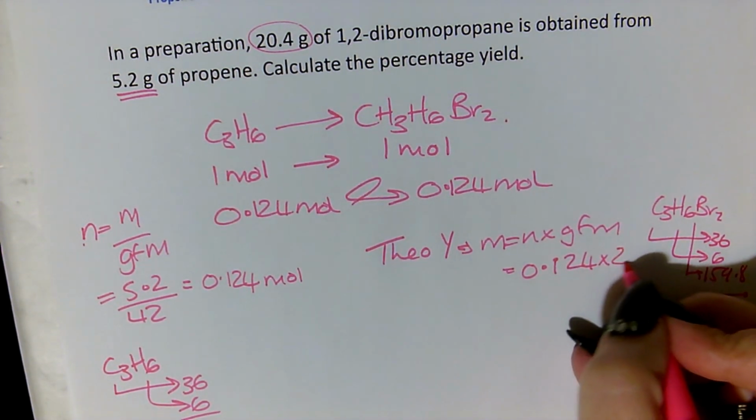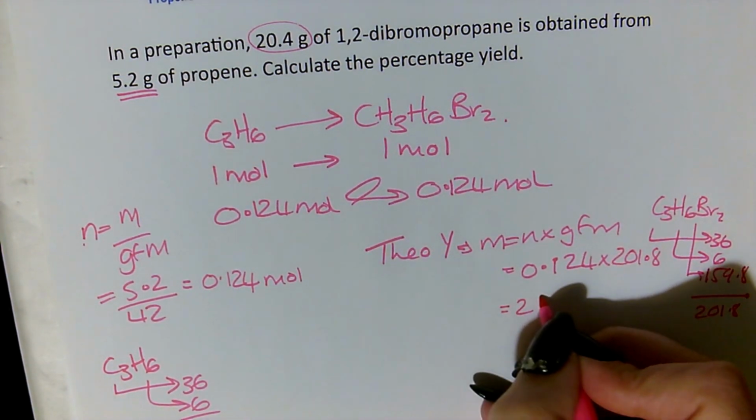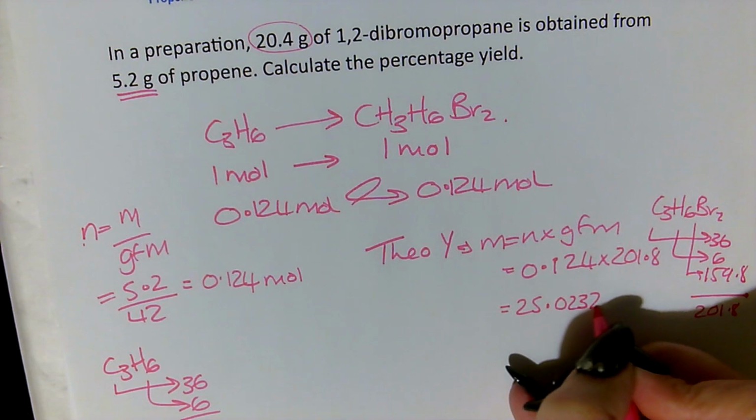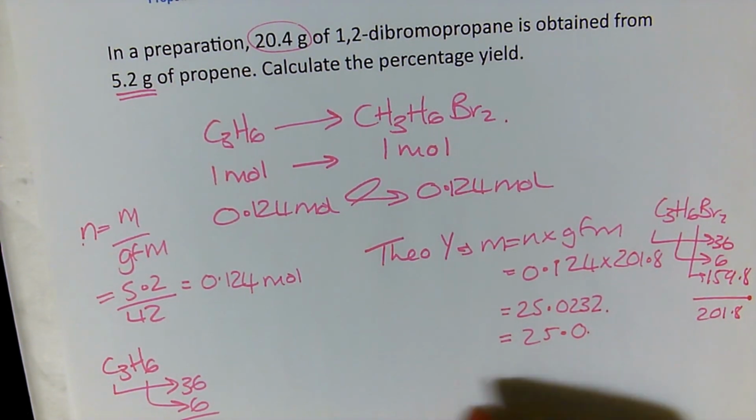So 0.124 times 201.8 should give you a theoretical mass of 25.0232. 25.0, we'll just leave that at.